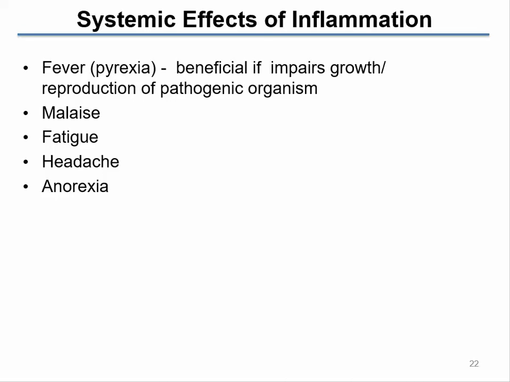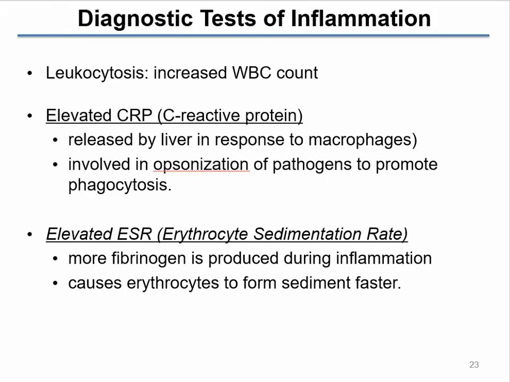So, aside from the PRISH and the systemic effects, we need some diagnostic tests. How do we know when there is inflammation? How can we do it with lab tests? The easiest and most common one is a complete blood count, a CBC.